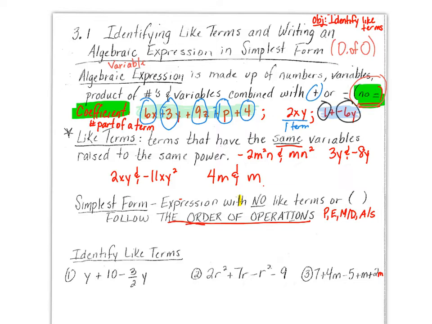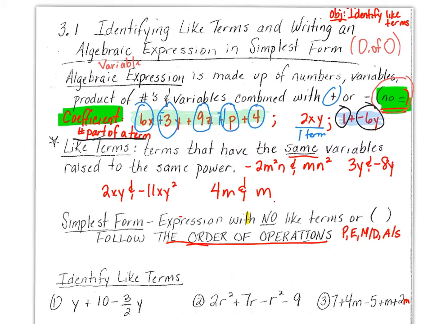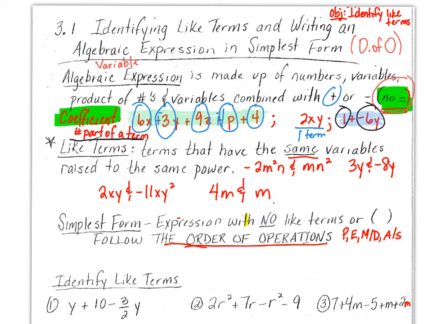A coefficient is the number part of a term, and it has to have a variable with it. So the coefficient on 6x is the 6. The coefficient on negative 3y is the negative 3.